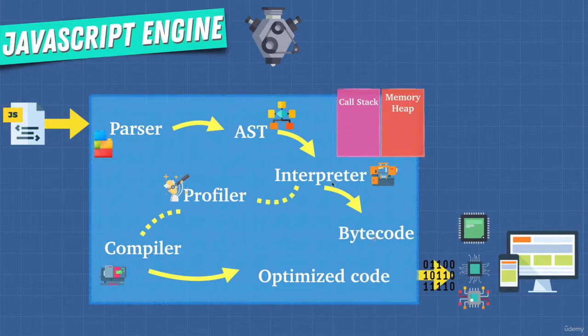So the interpreter allows us to run the code right away, and the compiler and profiler allow us to optimize this code as we're running. That's where the name comes from, JIT compiler, just-in-time compiler. And this compiler for V8 is called Turbofan. Again, a cool sounding name to make it sound like things are going fast.